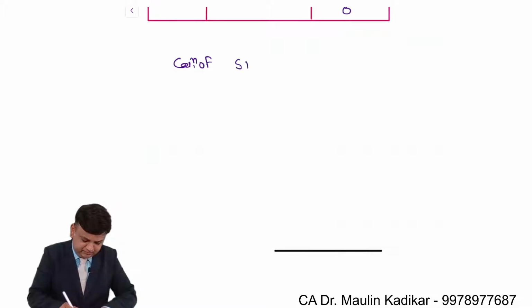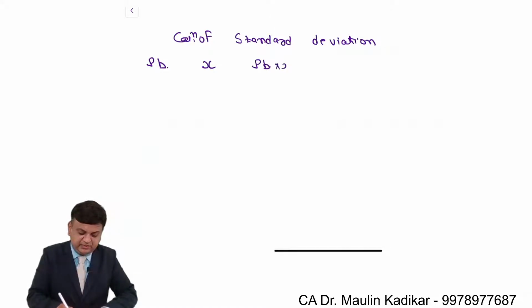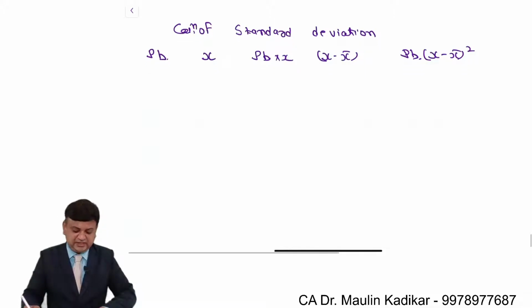Calculation of standard deviation. So in that case, again the column number 1 is probability, column number 2 is x, third column is probability into x, that is x bar, then x minus x bar, then x minus x bar whole square into probability, summation of that is variance, and under root of the same is standard deviation.